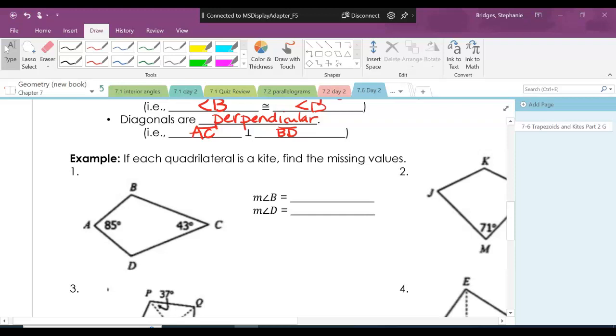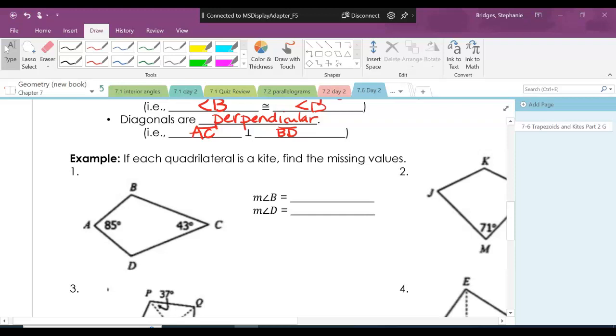So we should be adding 85 and 43 together. And then once we add those together, what should we do with that number?